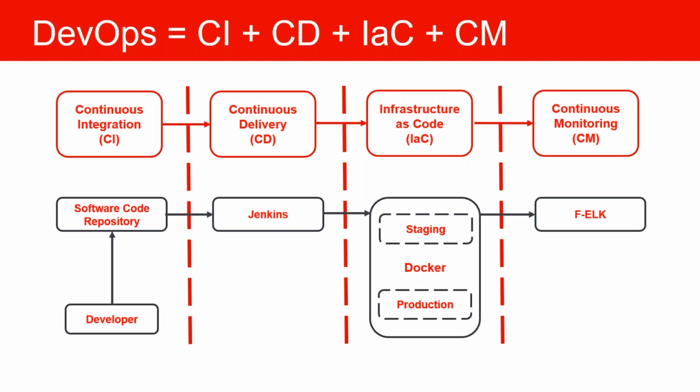So let's say if we have a Java application, Jenkins will create a war file, and it will also create a Docker image of a Tomcat container containing that war file, and then that Docker image is pushed onto a repository, public or private, from where it is pulled on a Docker host and then executed.